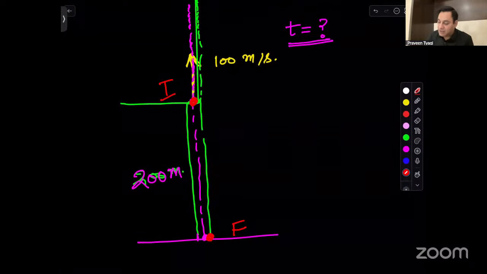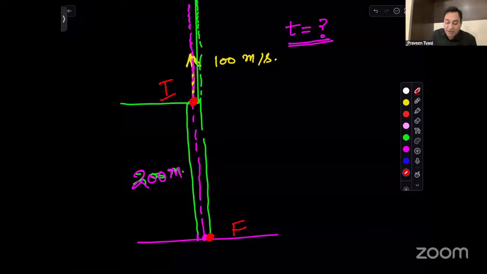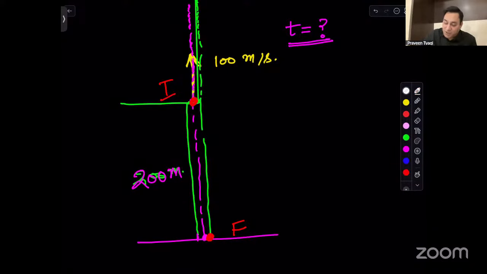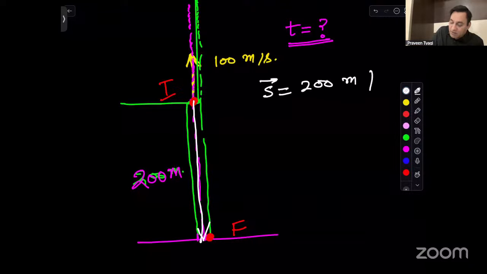Yes, correct answers are coming now. 200 meters. Displacement is defined as the vector joining the initial position to the final position. This is the initial position, this is the final position, and this vector is 200 meters. So displacement is 200 meters downwards.